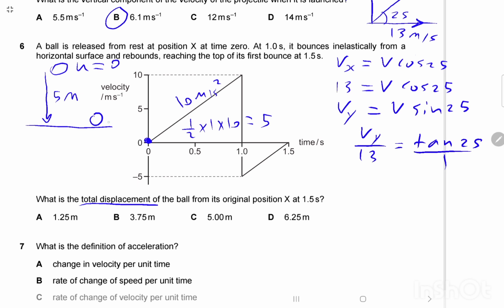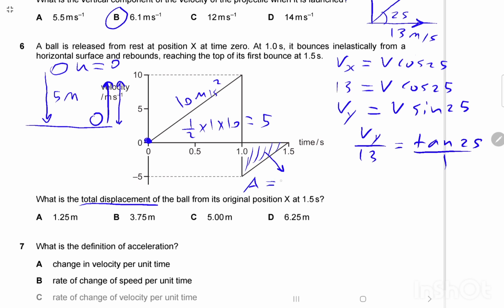So now here it bounces from the floor and goes up like this. What distance does it go up? That's the distance. We can find this area here in order to find the distance up. So let's calculate this area. Area of a triangle is half base times height.